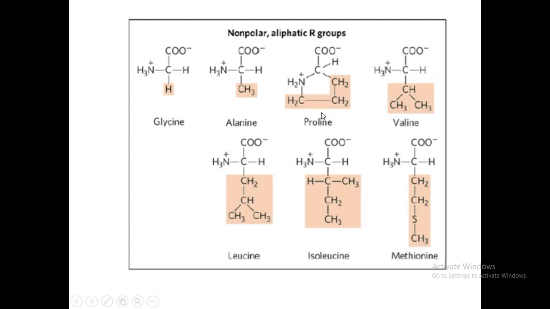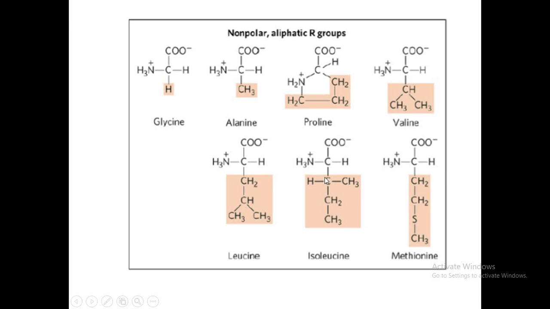And one important feature of proline is that it has an imino group rather than an amino group. We can see here it has NH2 and not an NH3 group. So this is the imino group, and this is the amino group that all other amino acids have.